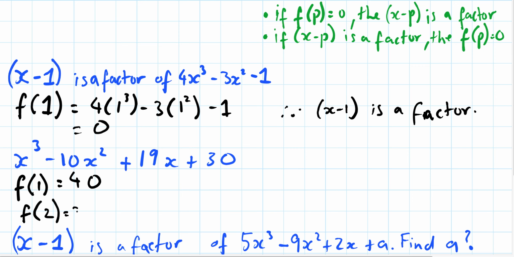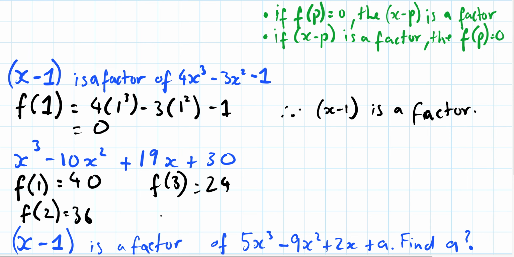So that is 36. So it's getting smaller and smaller, close to 0, so I'm going to keep going up. Let's try 3: 27, minus 90, add 57, add 30, that equals 24.